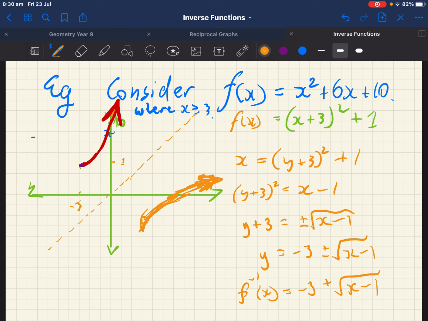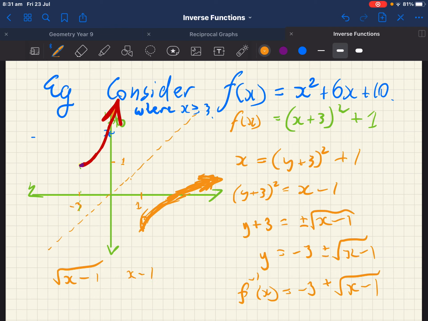And for those people that are familiar with your square root graphs, the moment you have a square root of x minus 1, you would not be surprised at all that our graph started at the value 1, right? Because when you're taking the square root, you can only square root positive values.